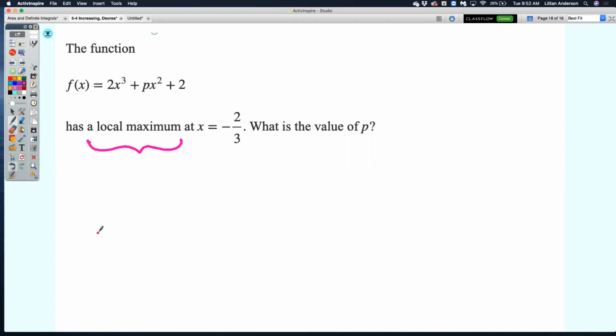If it has a local maximum, that means it looks like this on our graph. And it's saying at x is equal to negative 2/3. In today's lesson, how did we find local maximums? What did we do to find them?